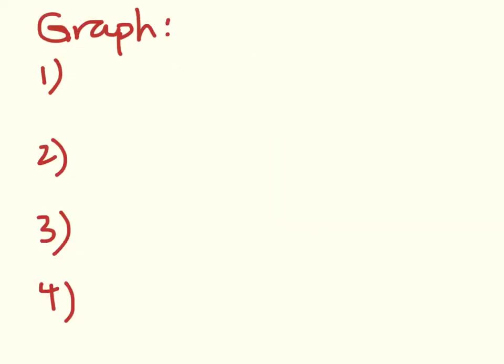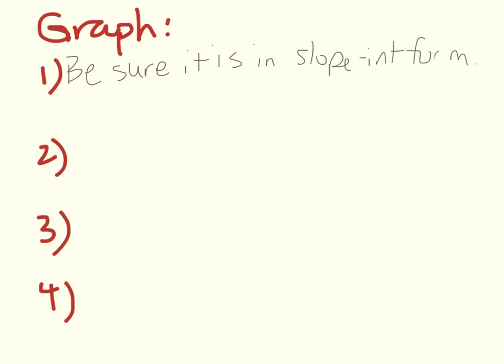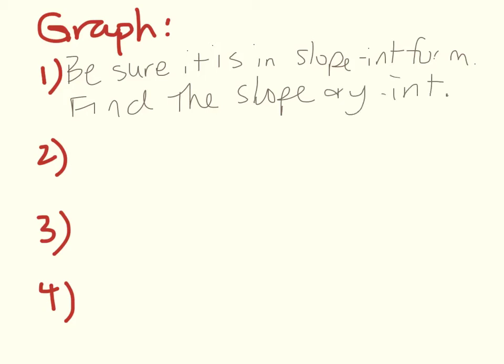Now let's look at what we do with that. Now to graph a line using slope-intercept form, the first thing we want to do is obviously be sure it is in slope-intercept form. And if it is, then we want to find the slope and the y-intercept. So we want to figure out what those two things are.